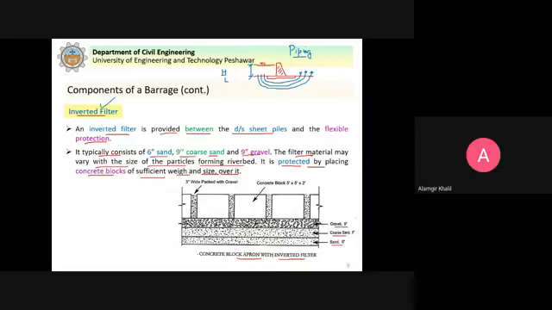You see here that it has increasing permeability from bottom to top. You see that in this case the water flows. So we have sand, then coarse sand, then gravel.